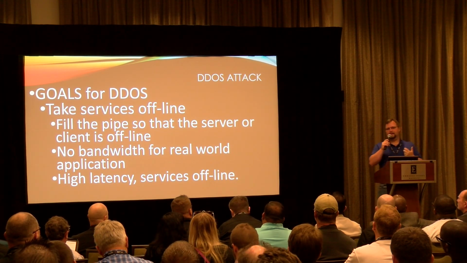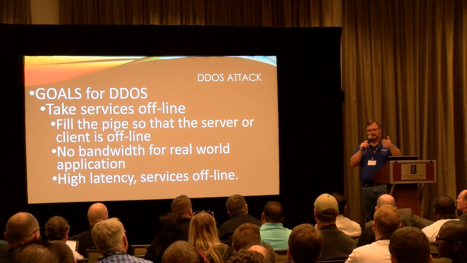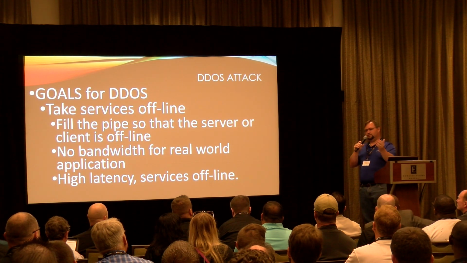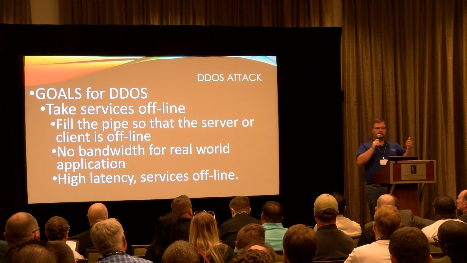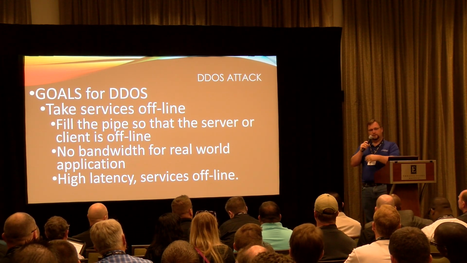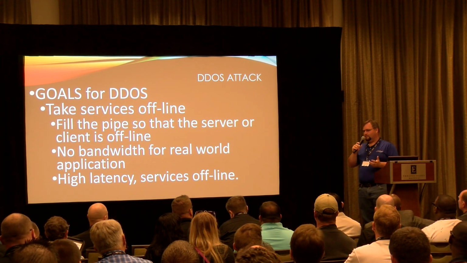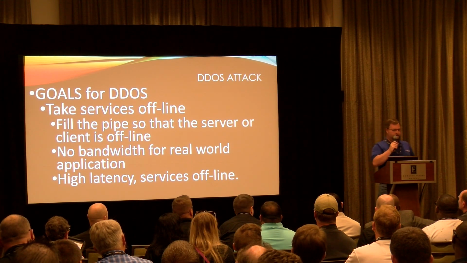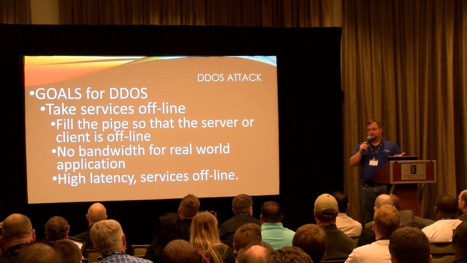You have no way to block the data before it gets to your pipe. Because of that, your internet service or your servers are offline, or very, very slow, with no bandwidth for real-world applications.